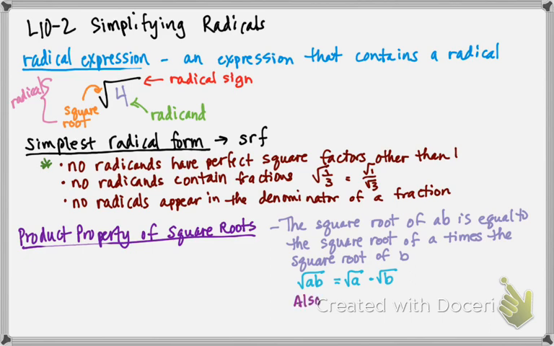So also, if I have the square root of A times the square root of B, I can write that product underneath one radical sign. Okay? So we'll see that second version of the product property of square roots when we get to our last examples.